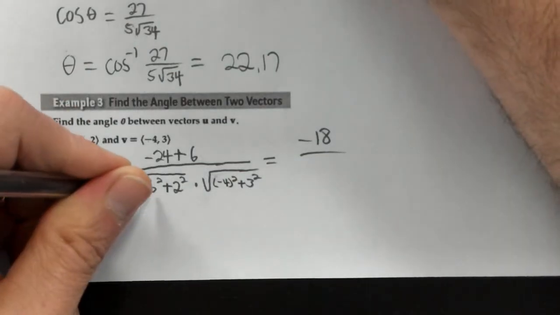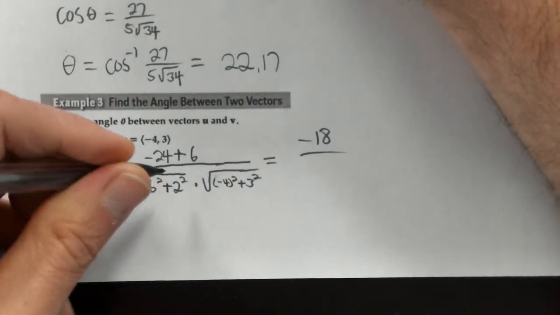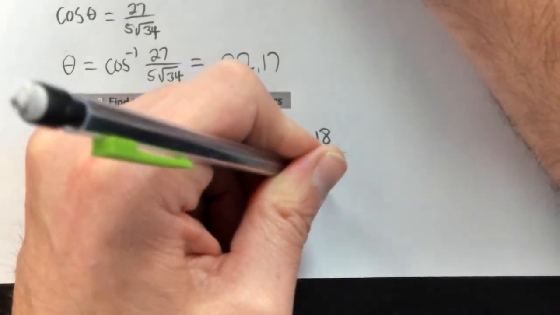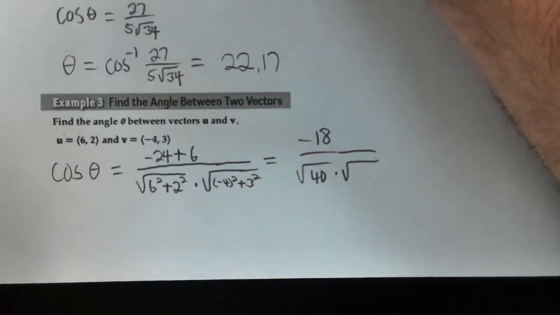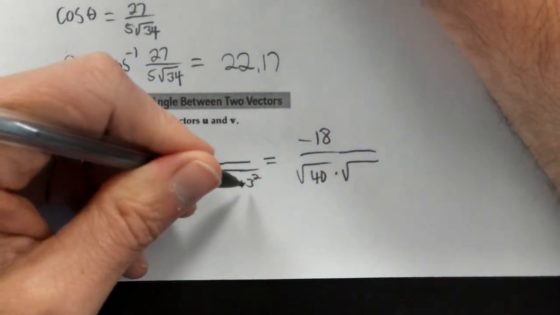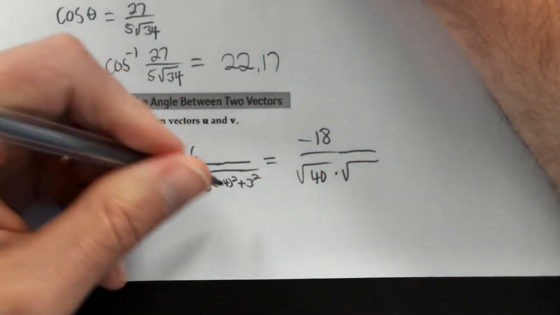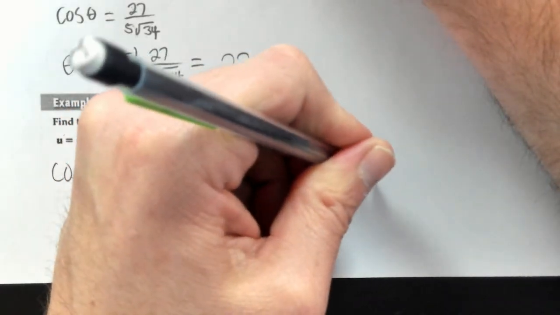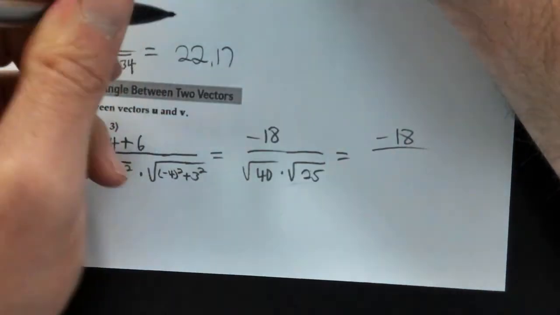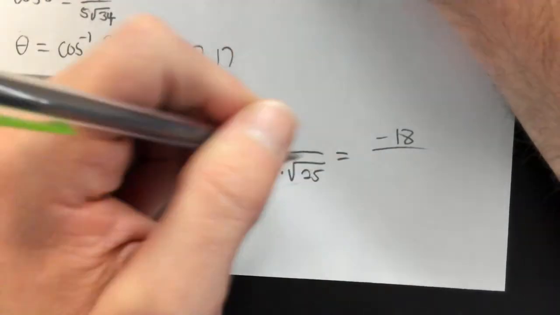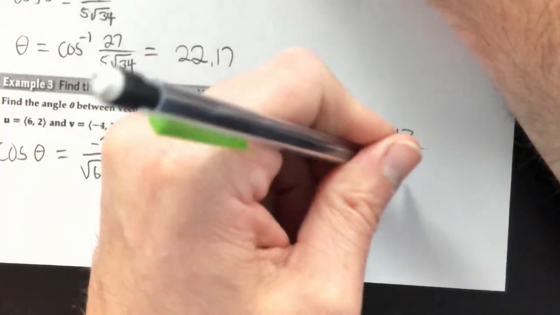And that's 36 plus 4, that's the square root of 40, times the square root of 16 plus 9, which is 25. So keep that going to negative 18 over the square root of 25. We can go ahead and call that 5.